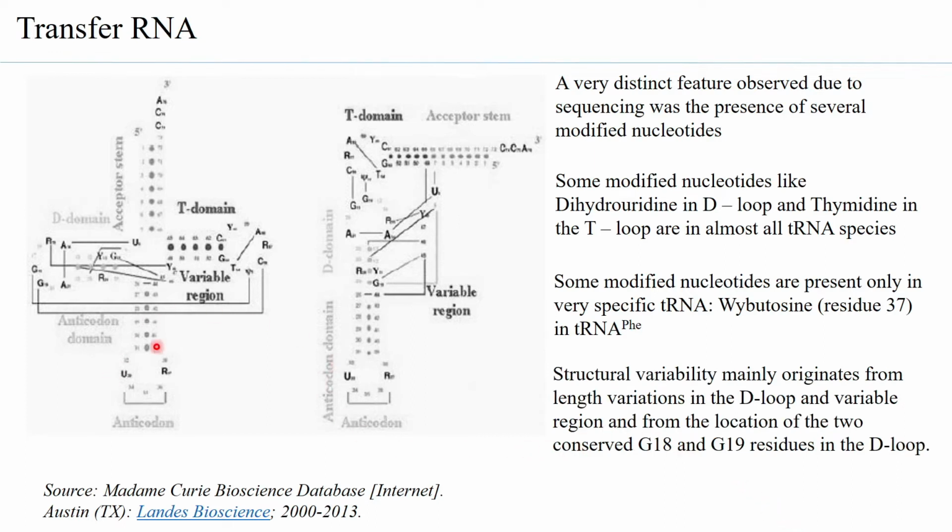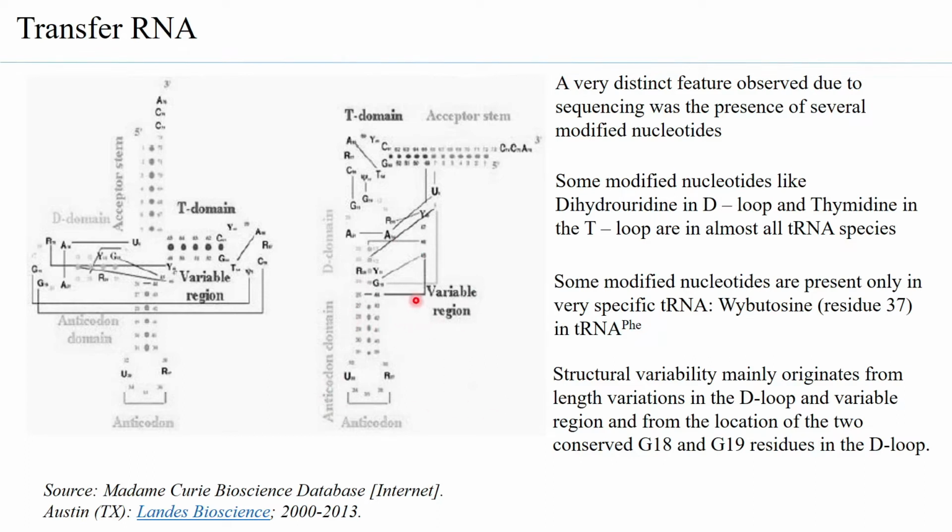Now, when you look at the structural variability, what has been observed is, number one, the length of the tRNA can vary anywhere between 65 to 95 nucleotides, and this variation in length is attributed to the variable region.